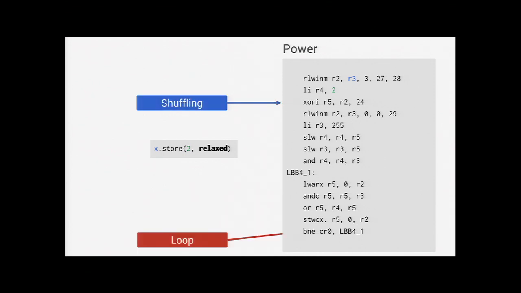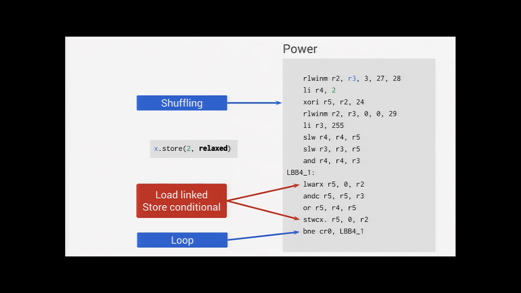Then you have a loop. And in each iteration of the loop, you do a load linked and store conditional. So it seems really wasteful. And actually what happened is that the Power backend was saying, I don't know anything about atomics, so I cannot compile an atomic store.